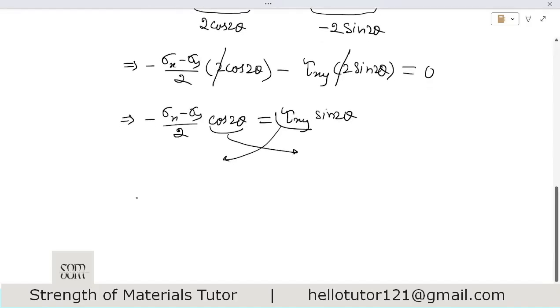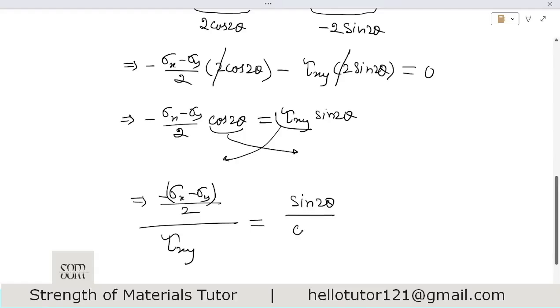So what we are going to get? We are going to get negative sigma x minus sigma y, whole divided by 2, divided by tau xy, equal to sine of 2 theta divided by cosine of 2 theta, okay?